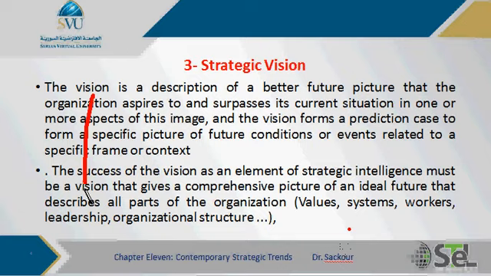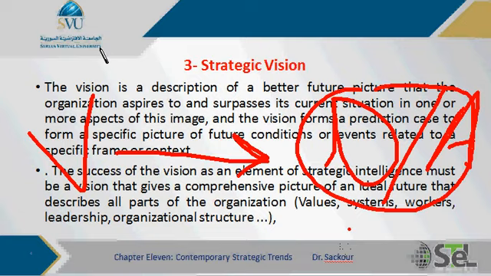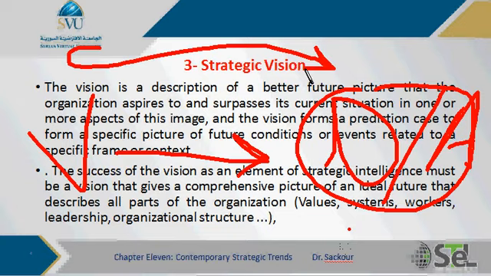What's the meaning of vision? Vision in one word is dream, is aspiration. A dream and aspiration. Where is our company going to be in the future? We agree on this?